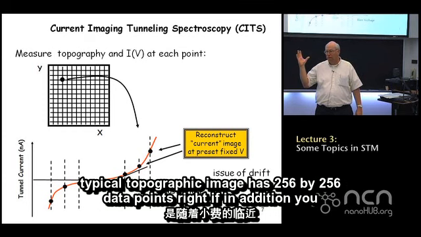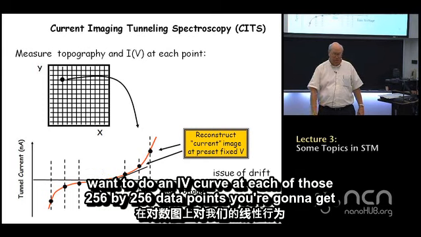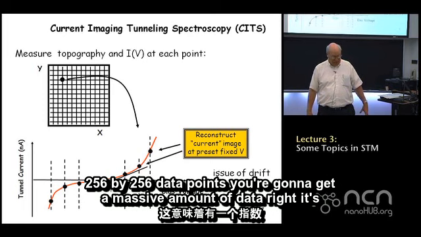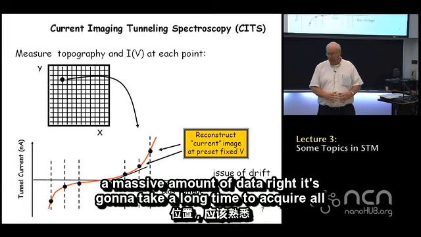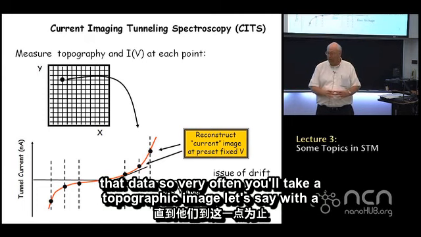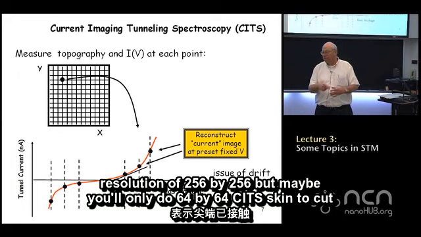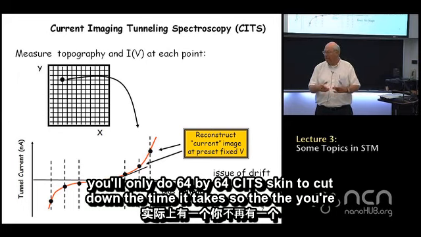If in addition you want to do an IV curve at each of those data points, you're going to get a massive amount of data, and it's going to take a long time to acquire. So very often you'll take a topographic image with a resolution of 256 by 256, but maybe only do a 64 by 64 CITS scan to cut down the time it takes.